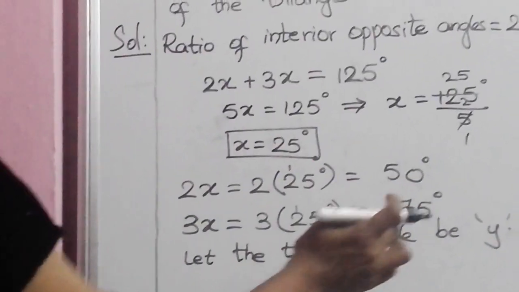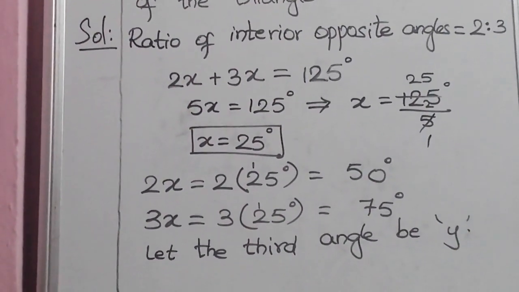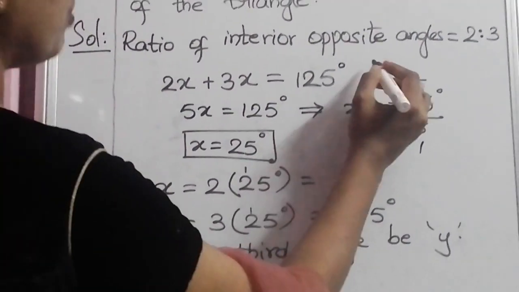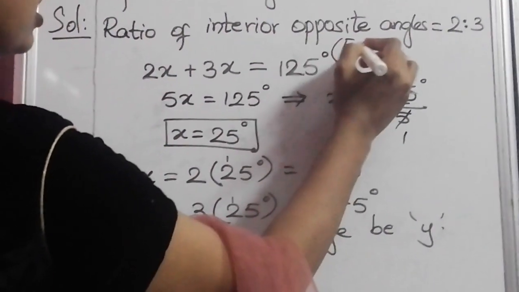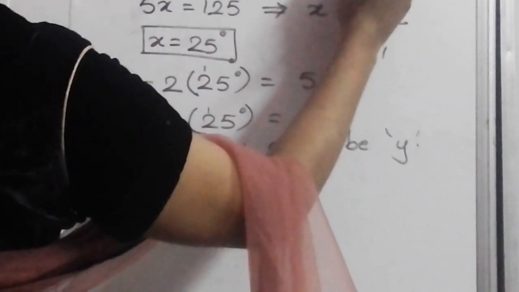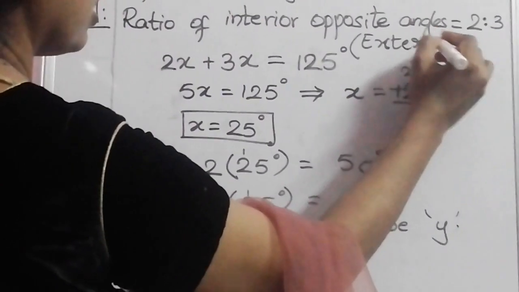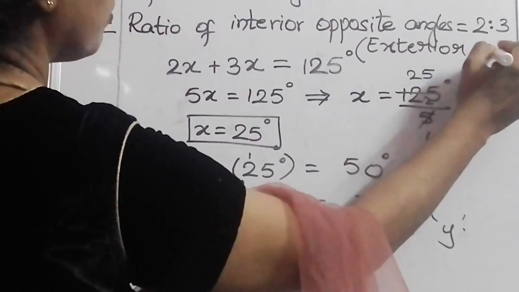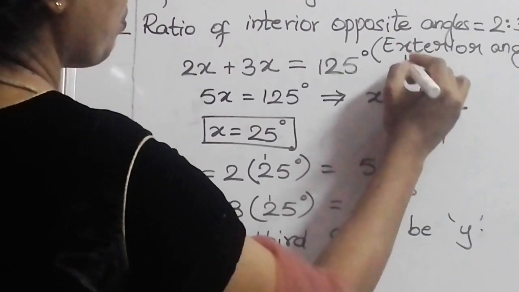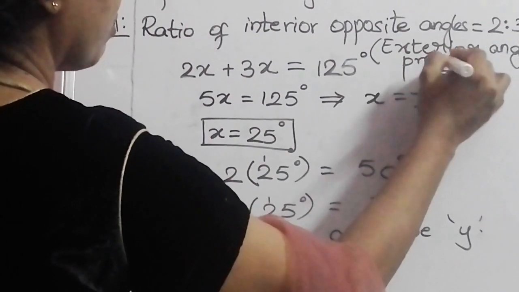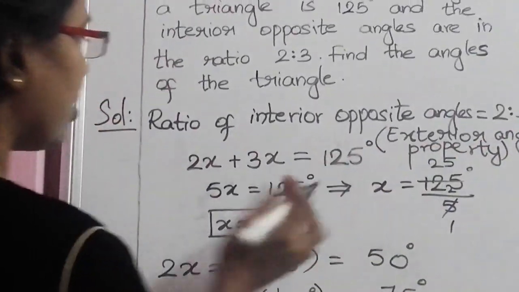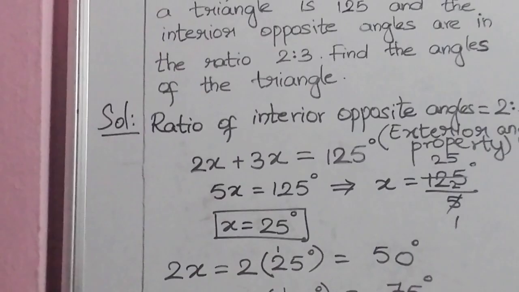So now we know according to the angle sum property, here we need to write this exterior angle property. Because of that we are able to write like this. This equation we got and then we have solved.